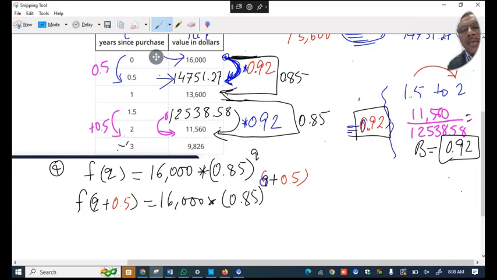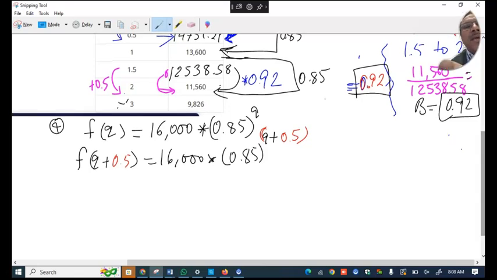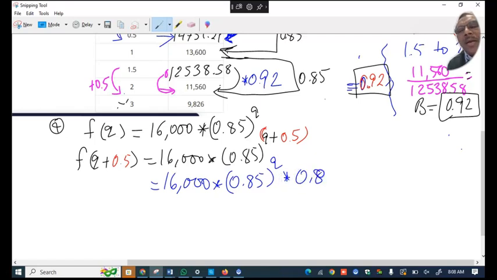0.5. And like a warm up that we did, we can split this, so this equals 16,000 times 0.85 raised to the power q times 0.85 raised to the power 0.5. So what did I do here?